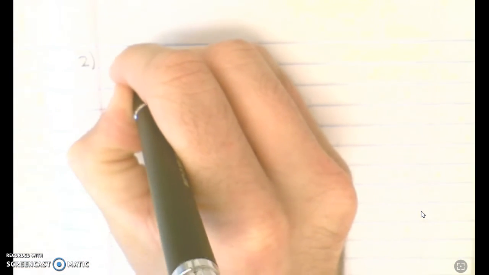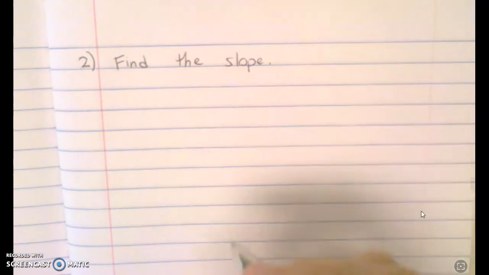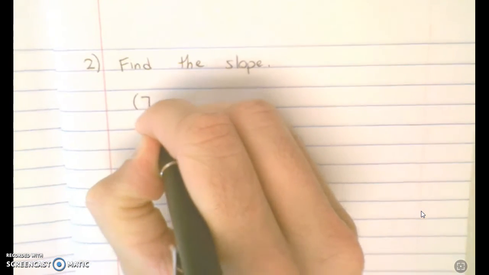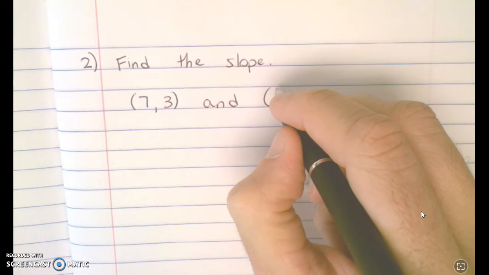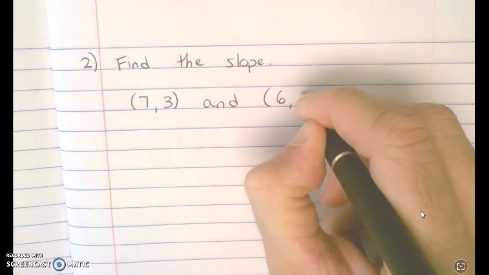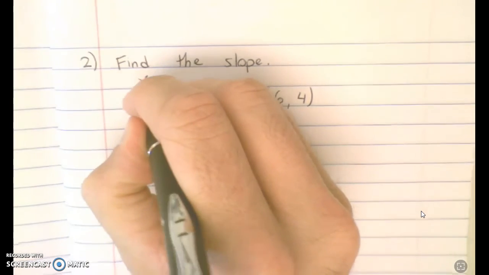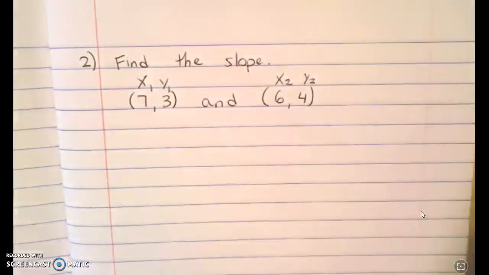So number 2, again, find the slope. This time we'll list the coordinates 7, 3, and 6, 4. I'm going to label my x1, y1, because that's the first coordinate, and my x2, y2, because that's the second coordinate.